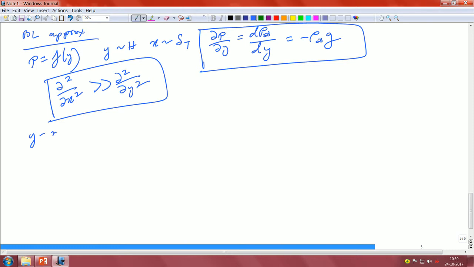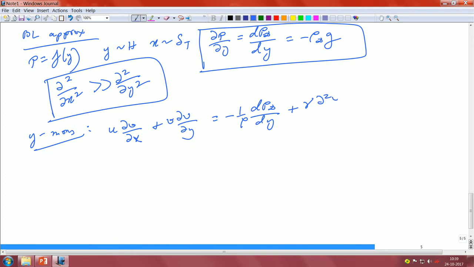Therefore, the y momentum equation, which is the most important equation in this case, is given as u dv/dx plus v dv/dy equal to minus 1 over rho dP infinity/dy, plus nu d squared v/dx squared, minus g. Now, you are going to substitute this back here, and we are going to take the rho to the left hand side.